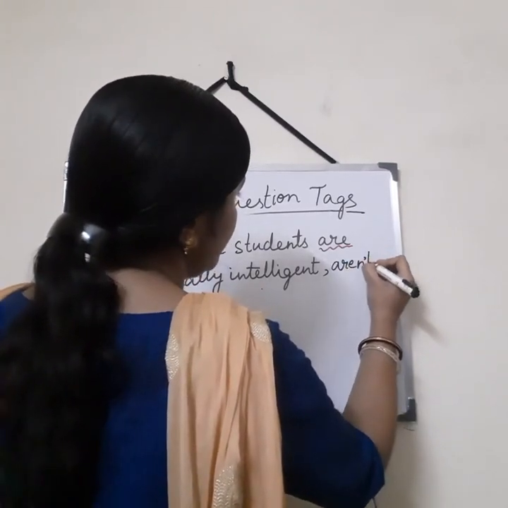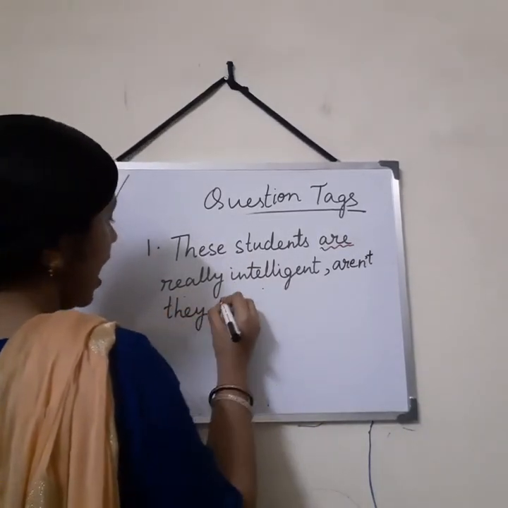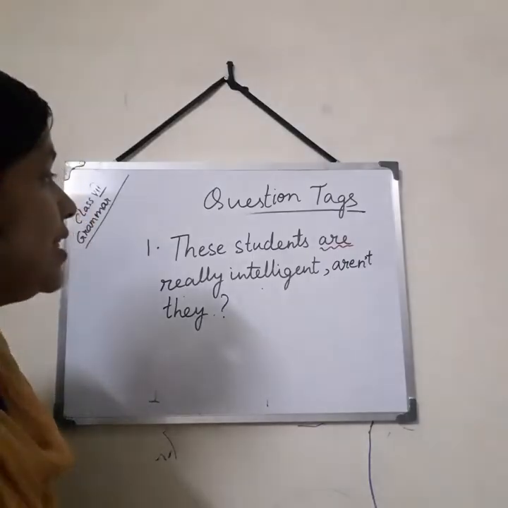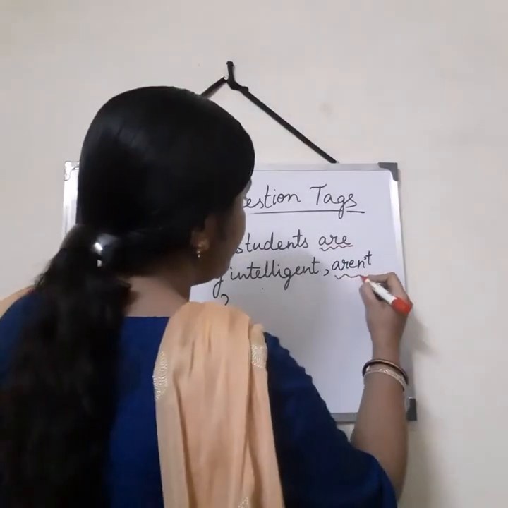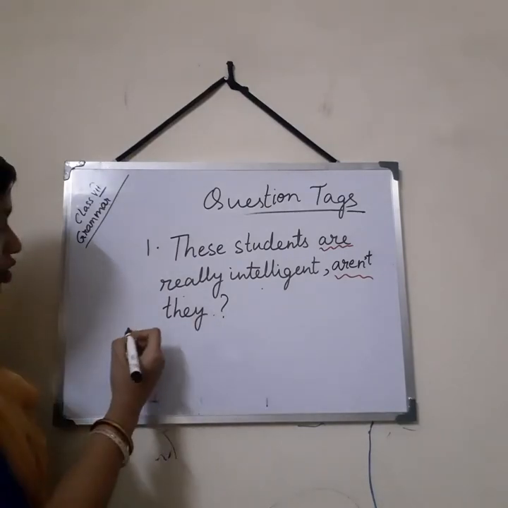Aren't is short for are not. Aren't they? Question mark. So see, we use the same auxiliary verb and put a question mark at the end, and the statement changes into a question.